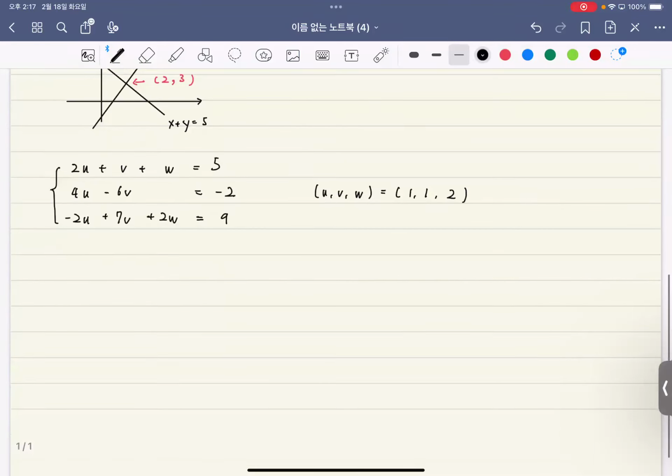So generally speaking, suppose that you have a linear system of linear equations, n equations of n unknowns.